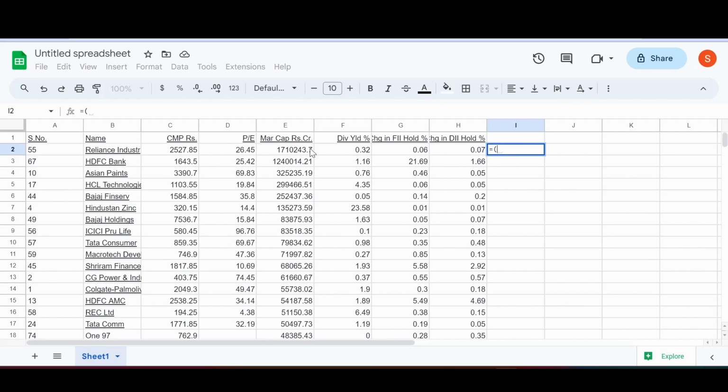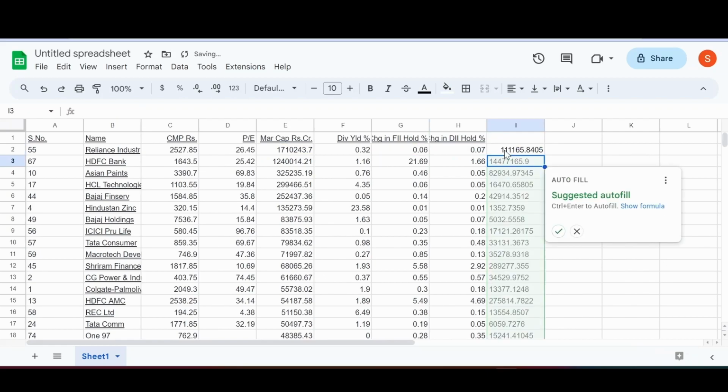First we select the market cap, times average, meaning FIIs plus DIIs divided by 2. So we add both the FII and DII increase, divide by 2 to get their average, times market cap. Click enter, and Google Sheets will by default ask to fill all the remaining rows as well.